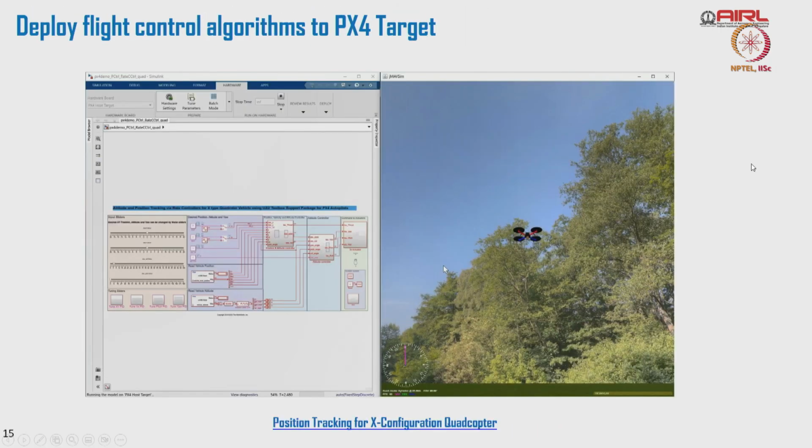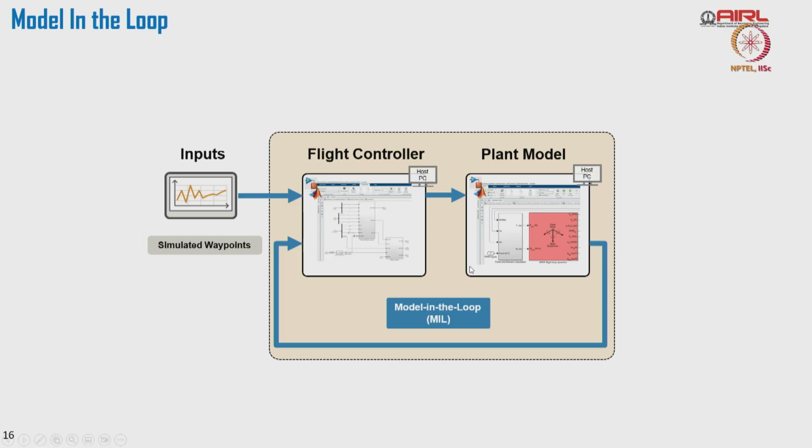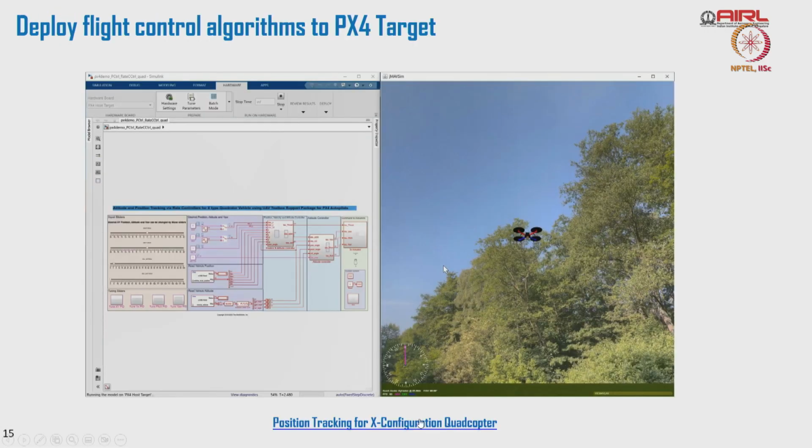Okay. Now once I have all of this, I can deploy the flight control algorithm to PX4, right? And then I can verify how the position tracking is. Here it's for a typical X configuration quadcopter. The link will be available to you. You can just follow the link to understand how to deploy this directly into PX4.